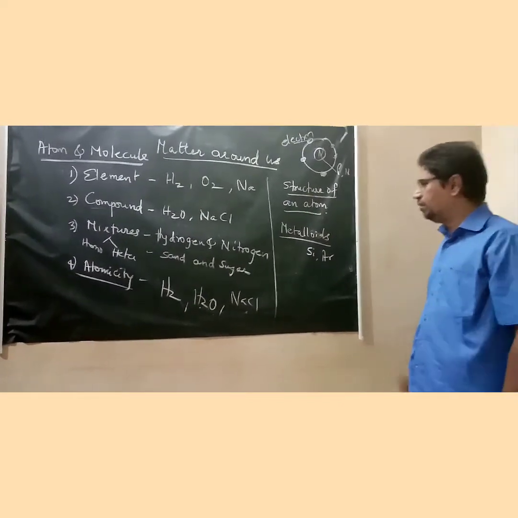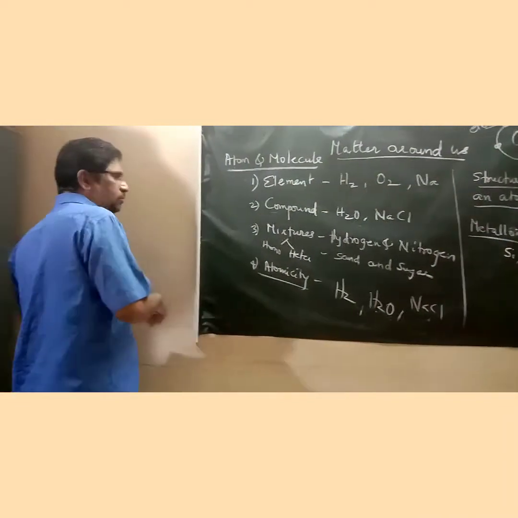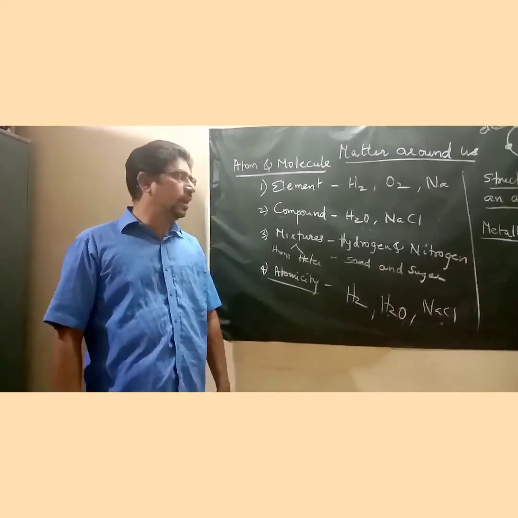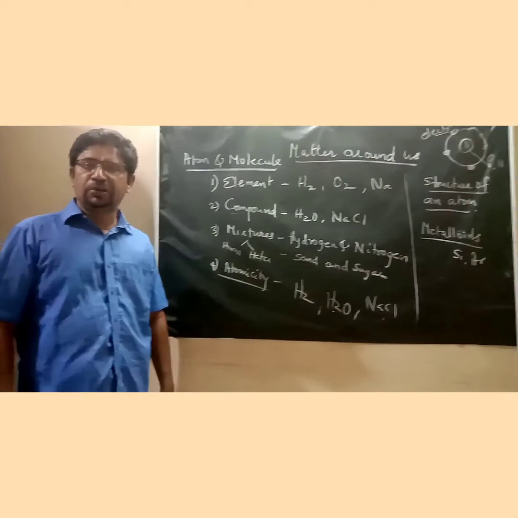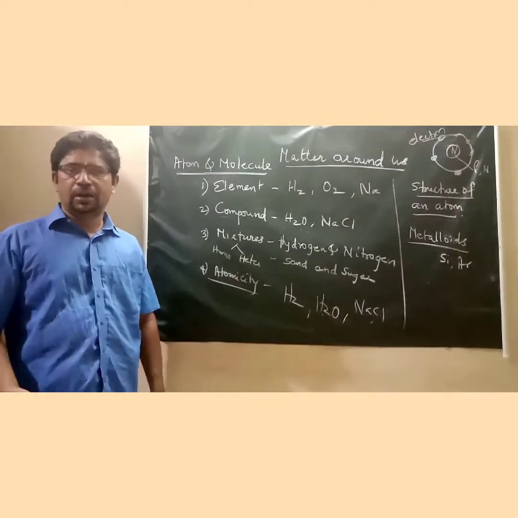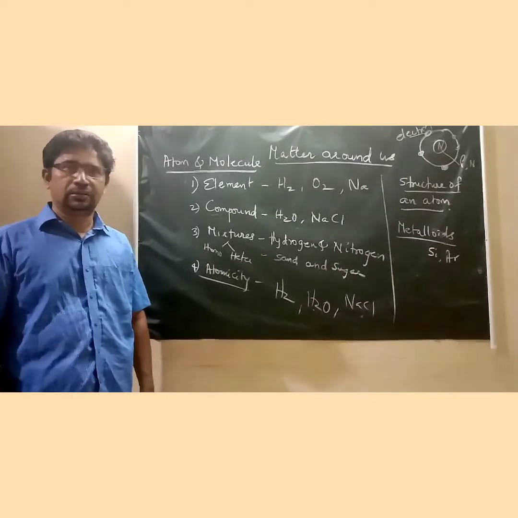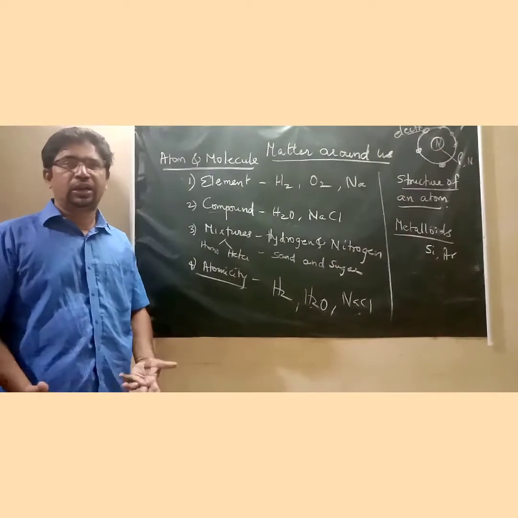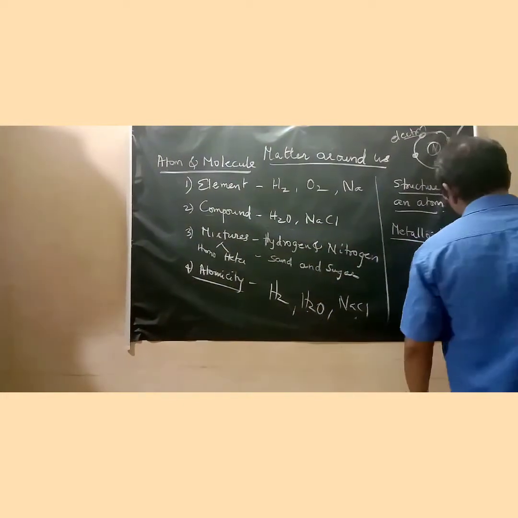Understood? Then what is meant by metalloid? Some substances are metals, some are non-metals. Metalloids are a combination of both metal and non-metal. What is the property of metal? Metal will be hard, metal will be bright, metal will not lose its luster, metal can be bent, molded and so on, whereas with non-metals we cannot do all those things.